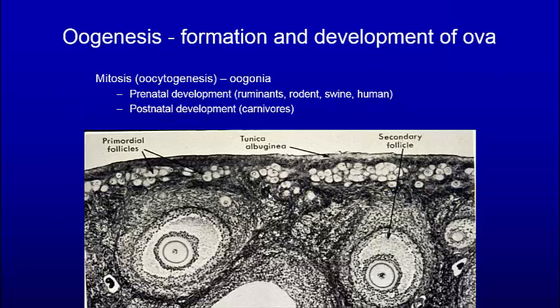Now, oogenesis is the formation and development of the ovum, and it has two components. It has a mitotic component, and the mitosis occurs to produce the eggs. So you have mitosis ultimately to produce primary oocytes, and once you produce primary oocytes, you are now in meiosis.